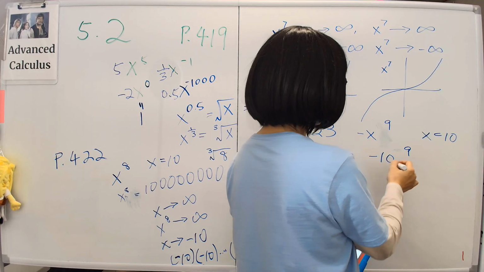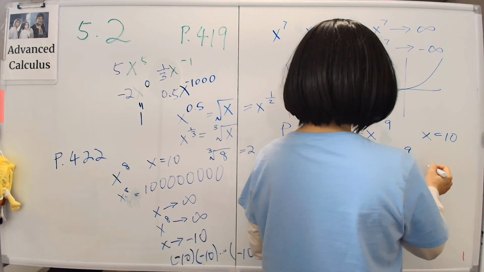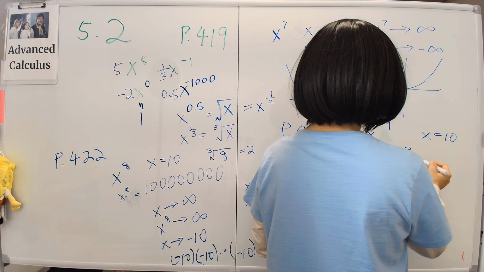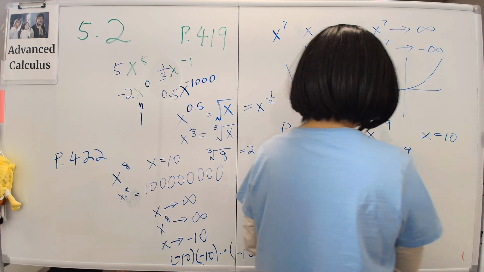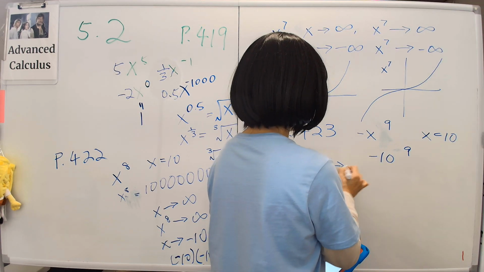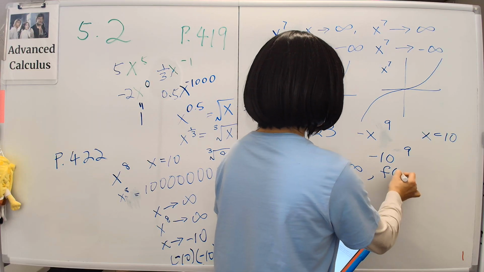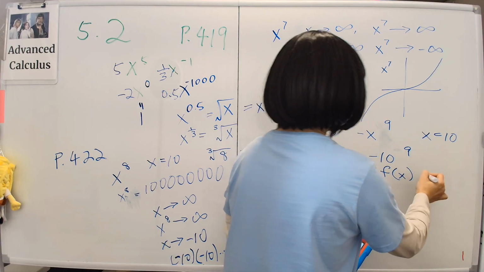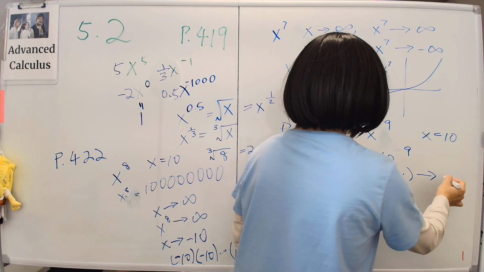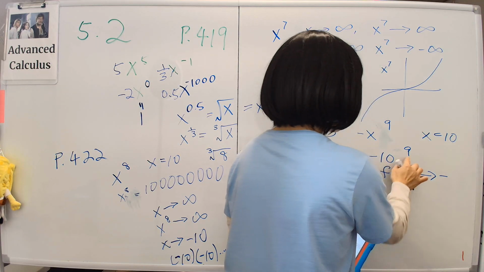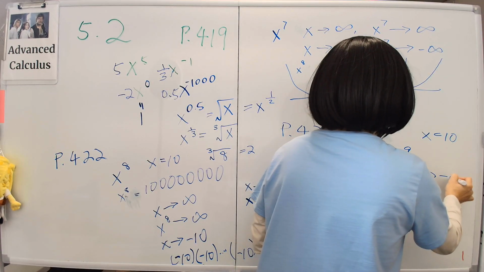That is a very negative number. So the function goes to negative infinity. So as x goes to positive infinity, the function f of x, in this case minus x to the power 9, is going to be a giant negative number, negative infinity.